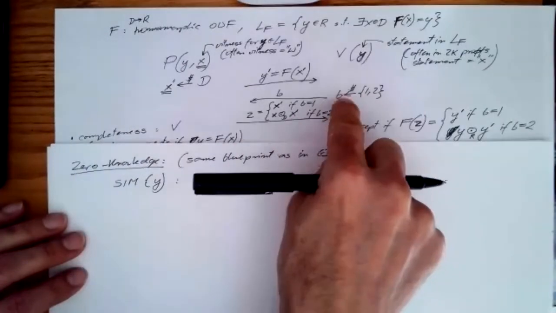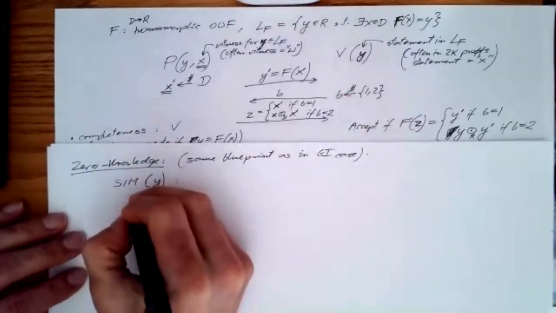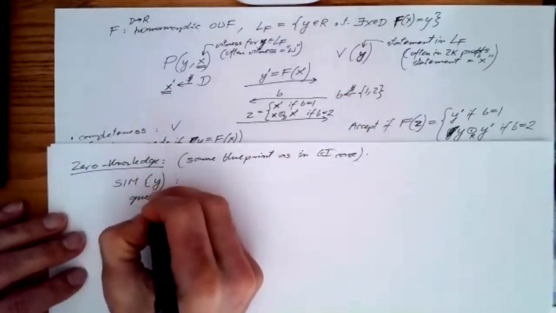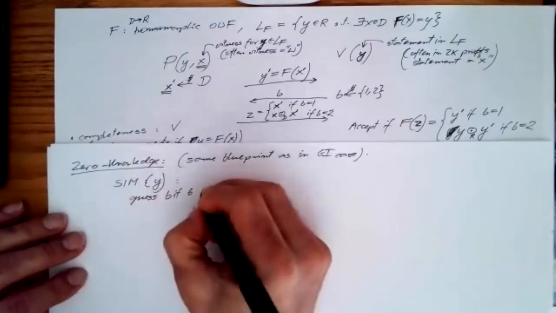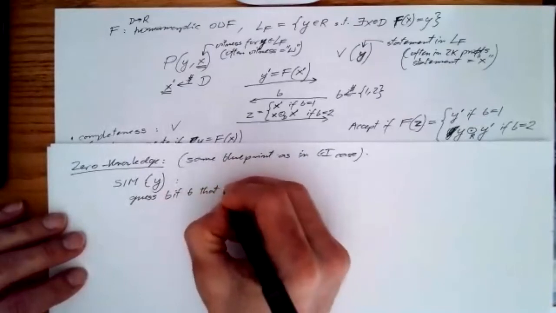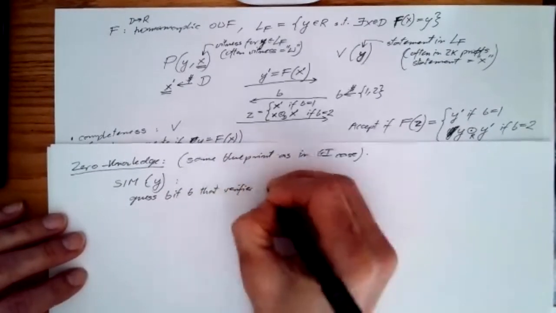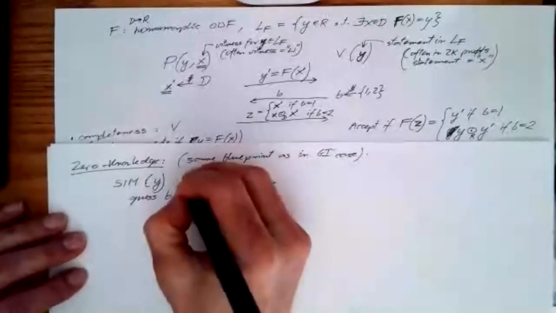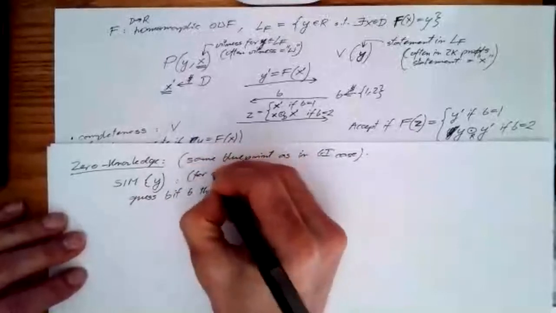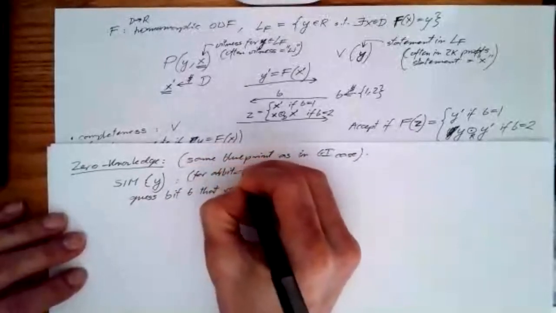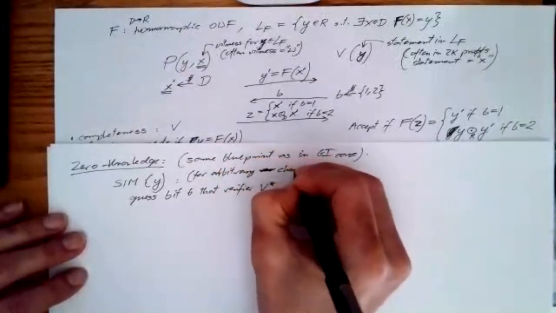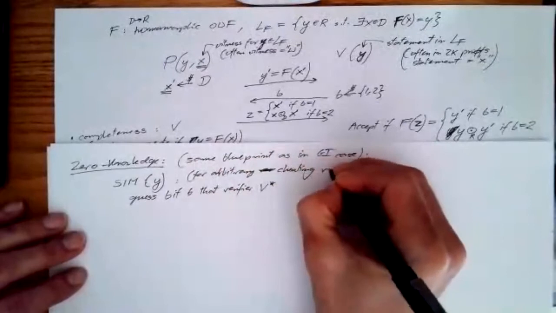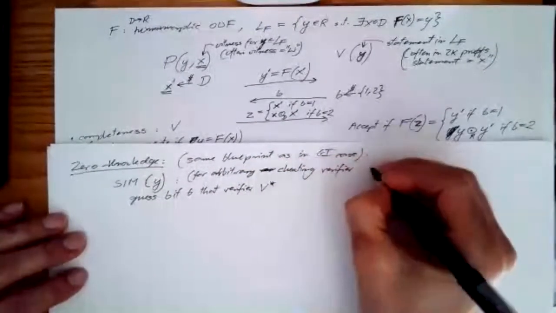The simulator bet on the guess, the bit B, that the verifier will output. So this simulation is for an arbitrary cheating verifier, as it should be.